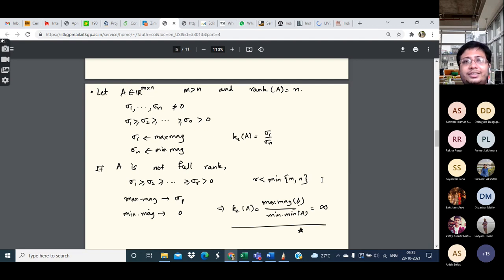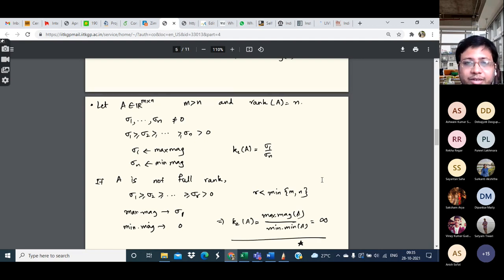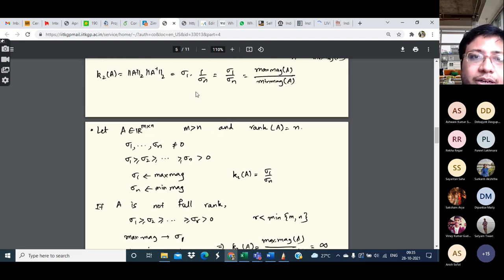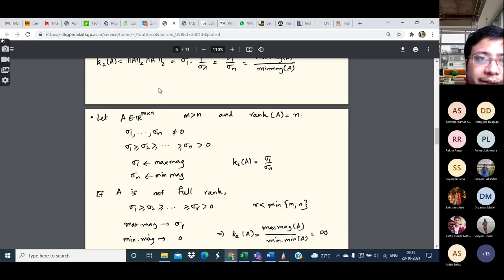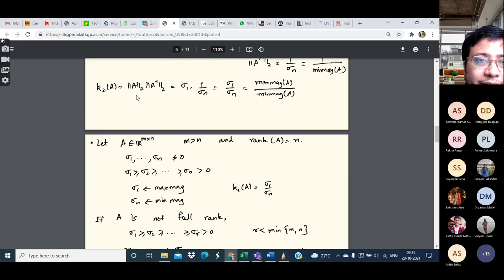So again, the condition number is a definition to remember. And it's also important to remember that matrix A is said to be well conditioned if sigma 1 by sigma n is small, that is, close to 1.